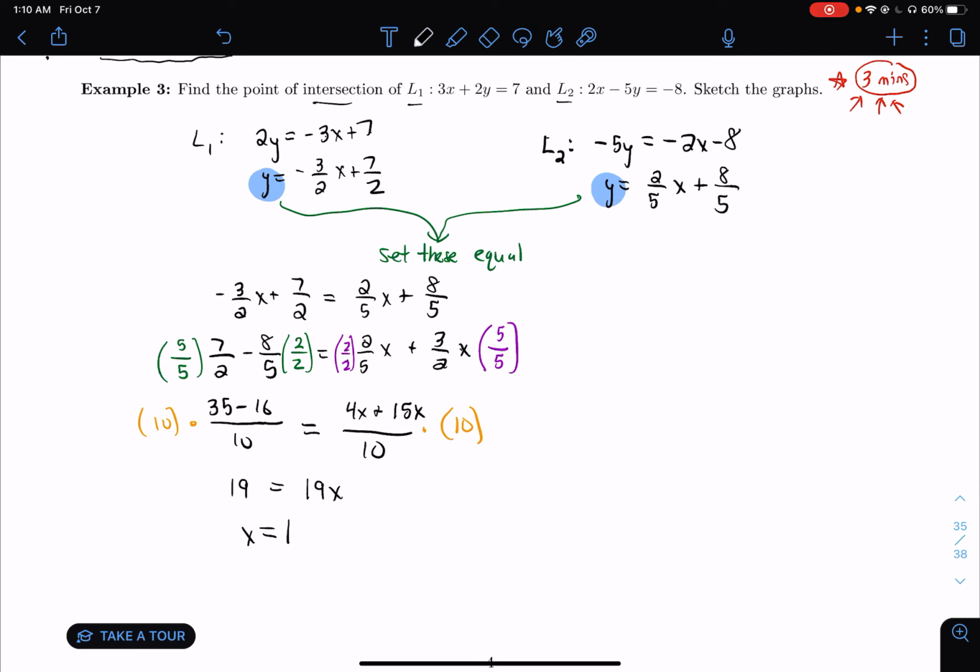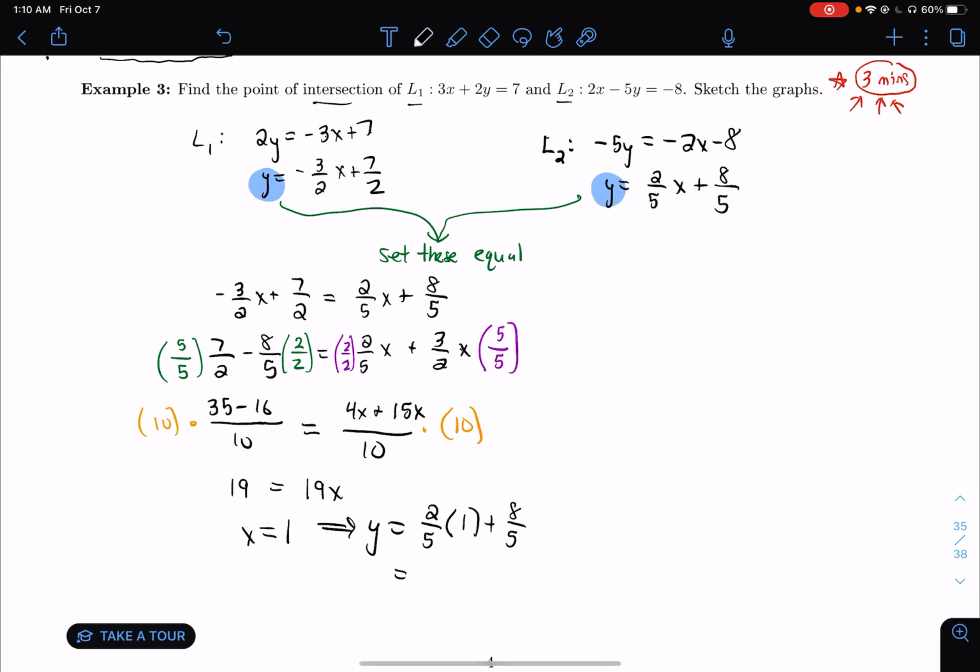Okay, awesome, I got x. But I want the point of intersection, so there's also going to be a y-coordinate. To get the y-coordinate, I should be able to plug into either equation, because both equations should be at the same spot at this intersection point. It doesn't really matter. Maybe I'll plug it into the second one. I'll get y equals 2 over 5 times x, where x is 1, plus 8 over 5.